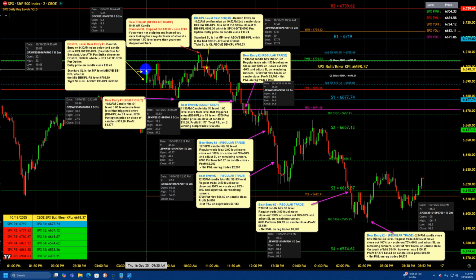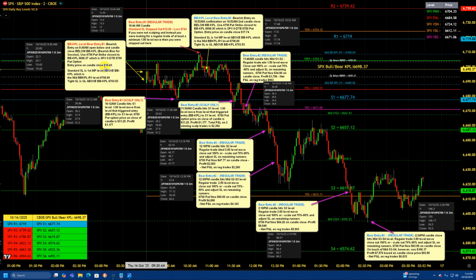But here we have where it's opening below, it's fully contained below, meaning it never crossed above, and it also closed below. So that's a bearish entry signal and setting the bearish bias for the session.